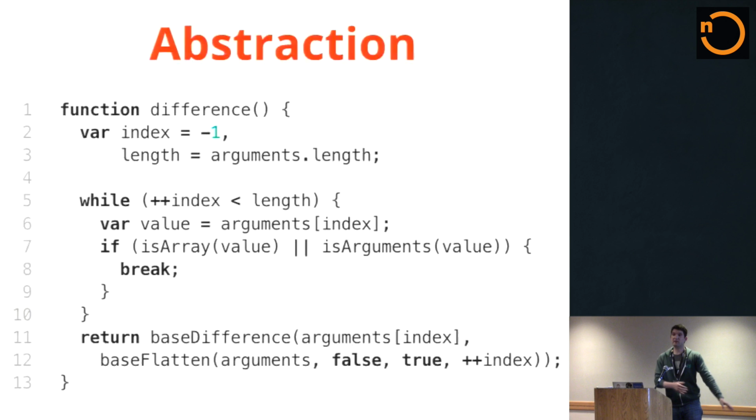And then you pass it off to base functions that are specialized to not have to do any of those checks. And so that means that other code in there, I gotta be careful about walking away from this mic, but other code can call that base flatten instead of having to call the actual exposed flatten. Because the exposed flatten right now accepts a function, accepts the deep flags and all this other stuff, and it automatically will filter out non-array values and arguments objects, and it has all this overhead that you don't need to do internally, right? So you have this base version of the function that's specialized and doesn't do any of the heavy lifting.